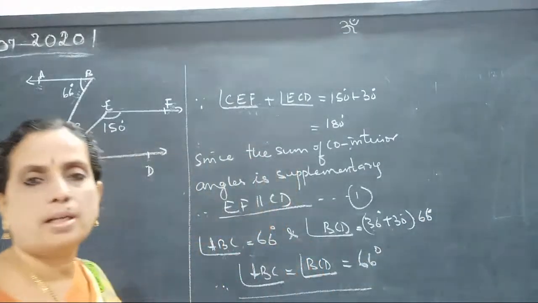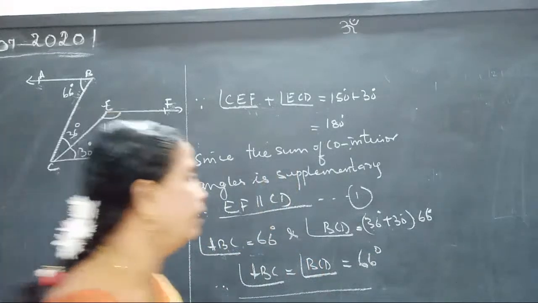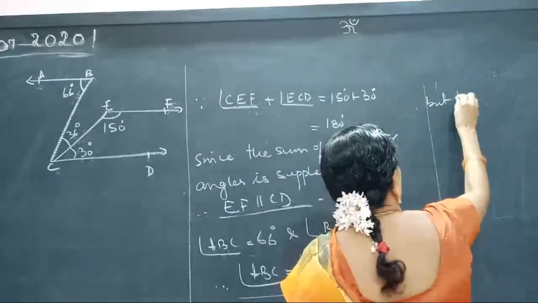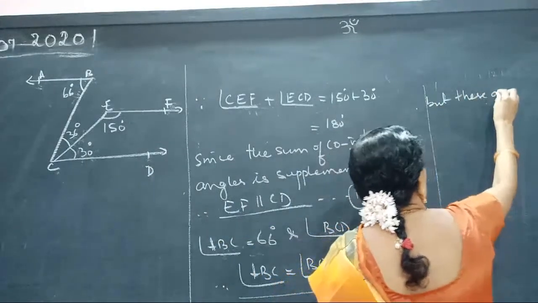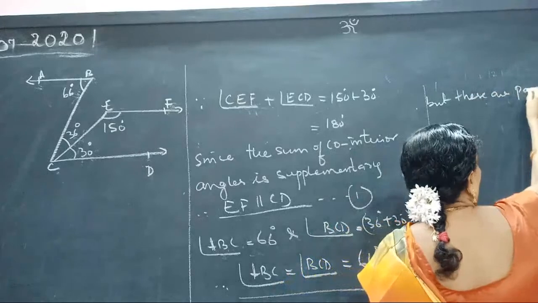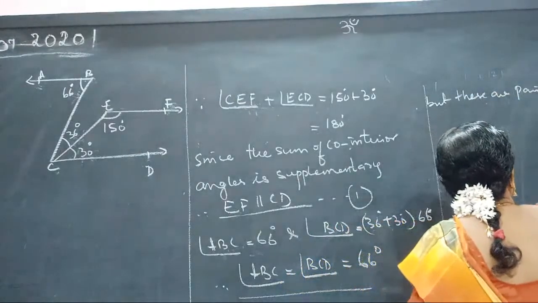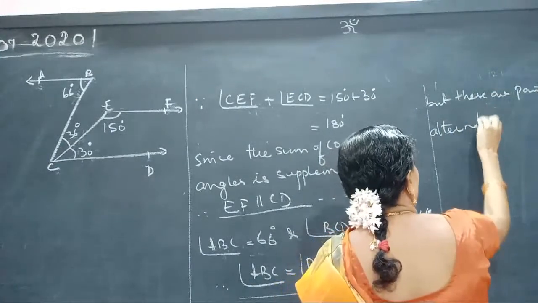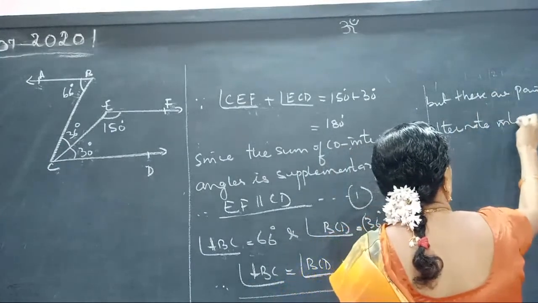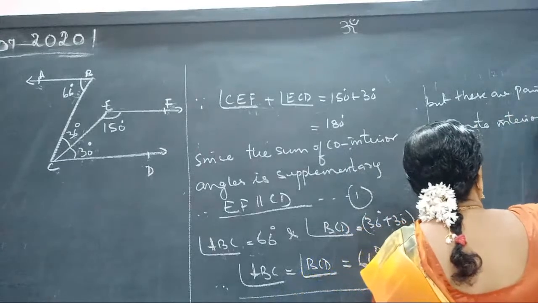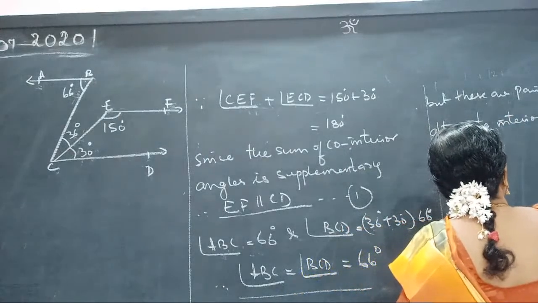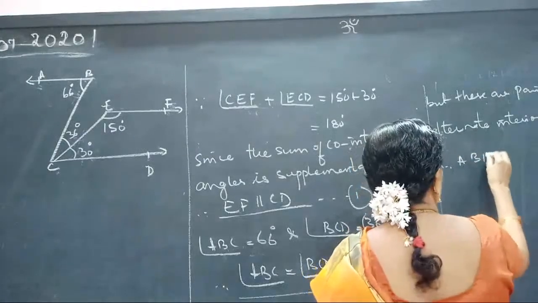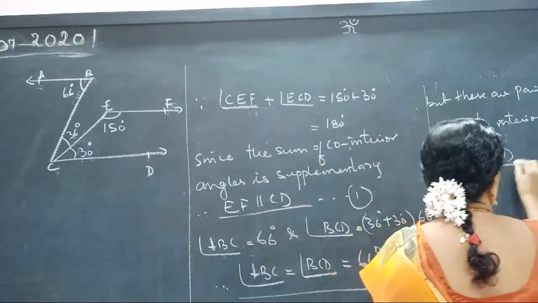So we call these a pair of alternate interior angles. Then you write: but these are a pair of alternate interior angles. Therefore, AB is parallel to CD. Result 2.